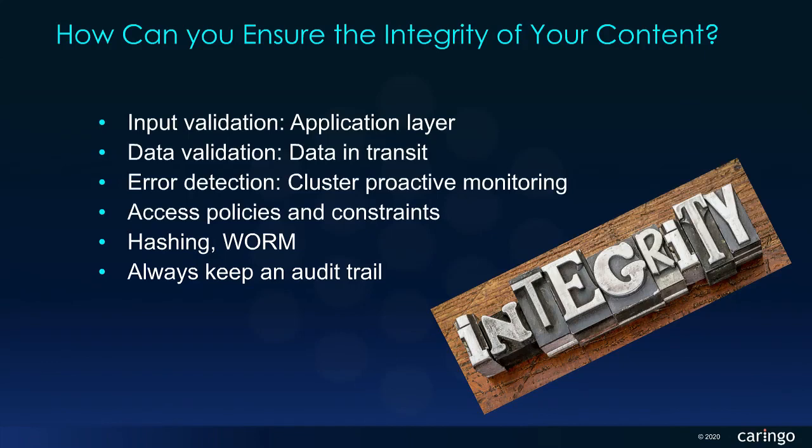Error detection is something that the object storage cluster should do. We obviously do that. It's basically to have a health processor in the backend that makes sure your data is safe and not corrupted, checking for bit rot, things like that, as well as the ability to detect when a disk is about to fail. Right?